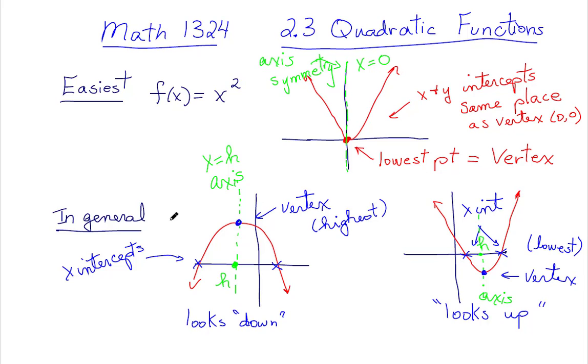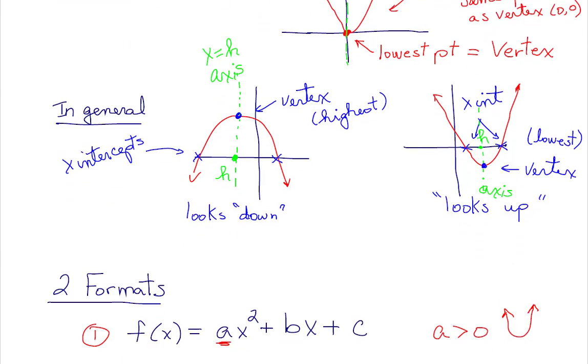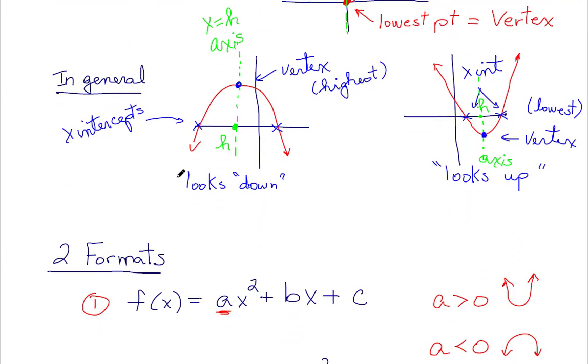Now, in general, all quadratic functions are U-shaped parabolas, and these U-shaped parabolas either look downward or they look upward. So all quadratic functions must look like one of these two.